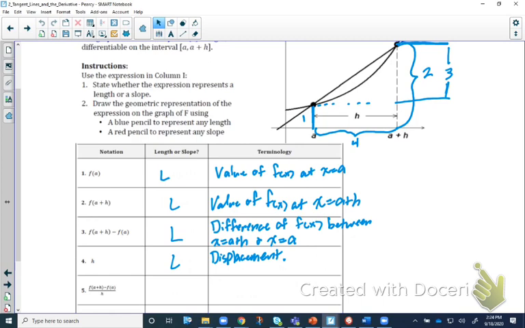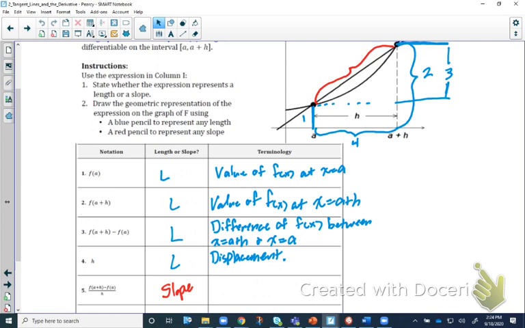So 5, here, this very much should automatically trigger the fact that this is going to be a slope of some kind. Because what we're seeing in 5, that is the limit definition of the derivative, which is the slope of a tangent line. So here, 5 is kind of referring to this bit here, where we're saying the difference of f of a plus h and f of a.